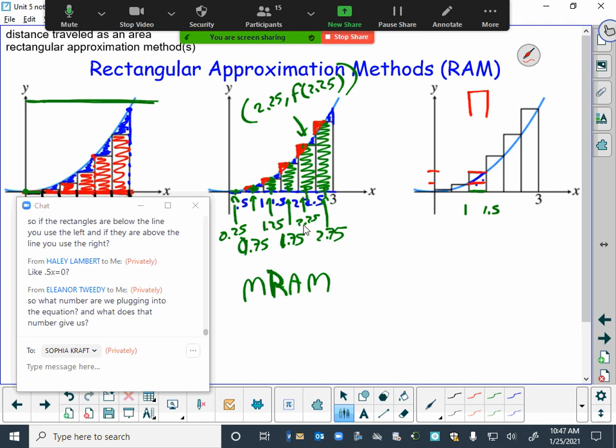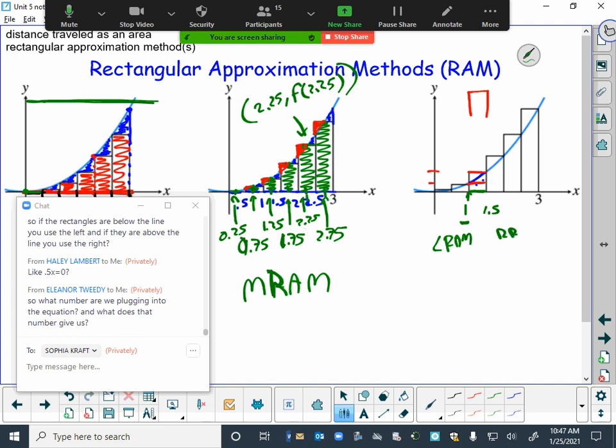And so what the rectangular approximation method does is, the LRAM says approximate the height by using the 1, because the 1 is on the left-hand side of this. So the LRAM would say choose the height by using a 1, the left-hand side of the interval, and plug that 1 into the function to use that output as the height of the rectangle.